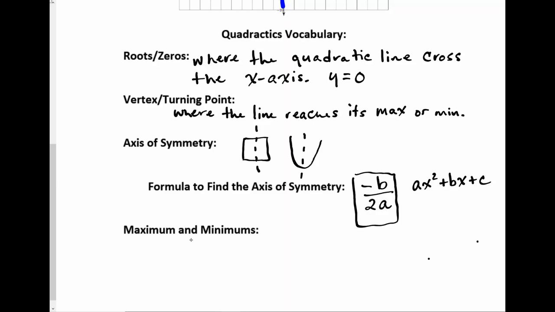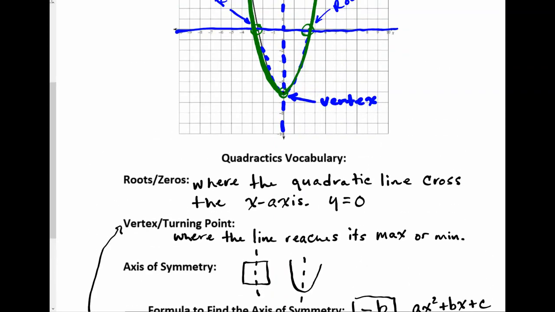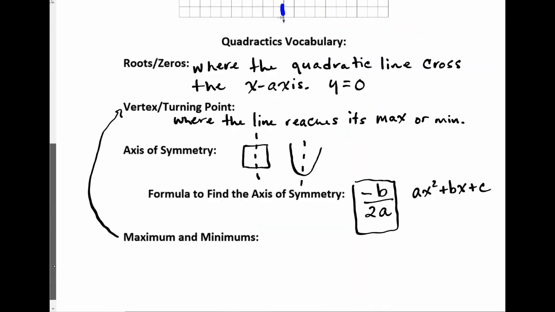Now, the last vocab words are maximum and minimum. And this has to do with the vertex and the turning point. Your max and your min and the vertex and the turning point are almost interchangeable. They're almost the same thing. In this case, what we're talking about is this point right here. That would be the minimum of the parabola. It's its lowest point on the graph.